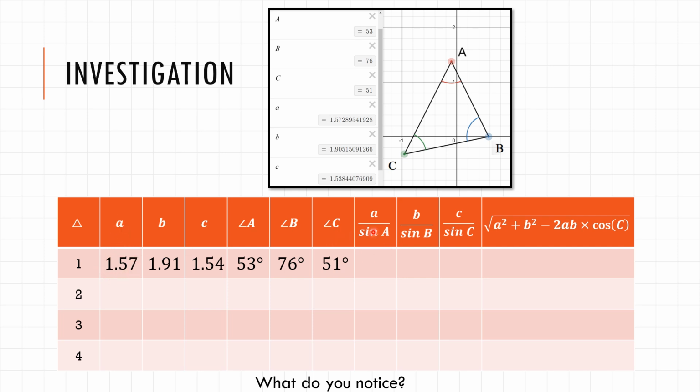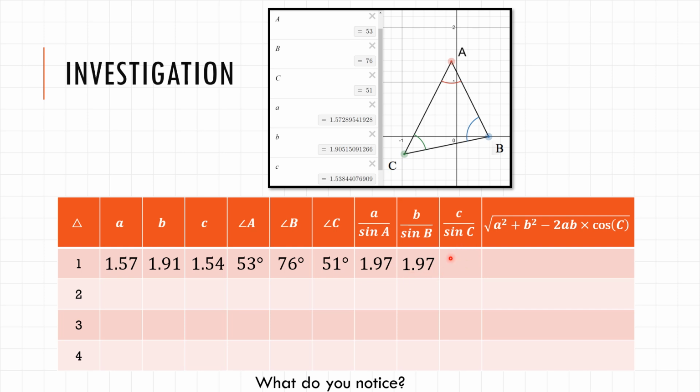That's side A. Notice it's a lowercase. 1.57 divided by sine of 53 degrees. And my calculator will tell me that that is equal to approximately 1.97. Hopefully you got the same thing I did, which is 1.968 or 1.97.